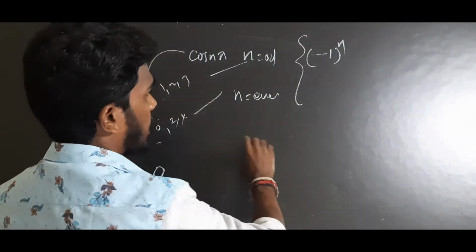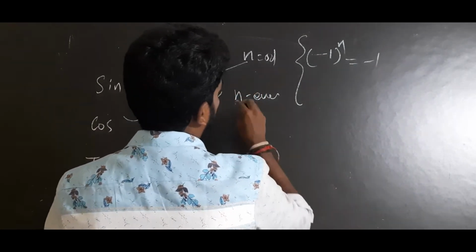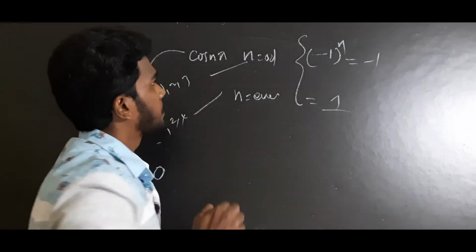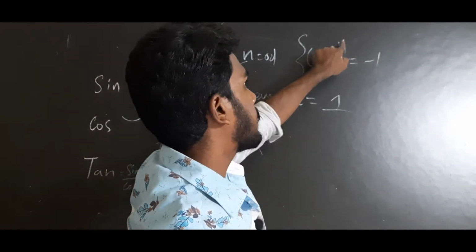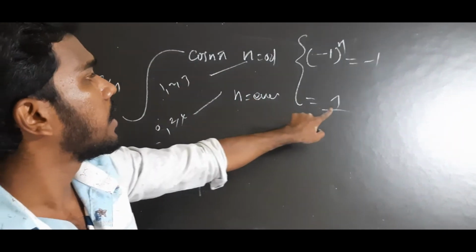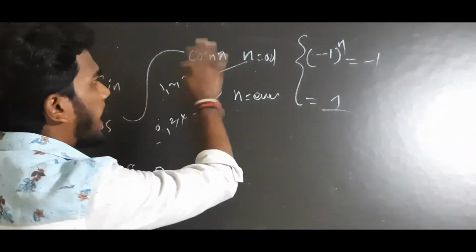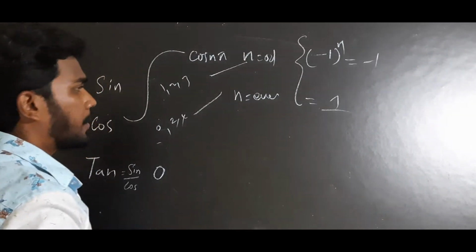Odd pi means we will definitely get minus 1 as the answer, and even pi means we will get 1 as the answer. Cos n pi, if n is an odd number, minus 1 to the power 1, 3, 5, you will get minus 1. For even, the answer will be 1. This is about cos n pi's calculation. Okay, that's it. And tan n pi, you don't need to bother about it.